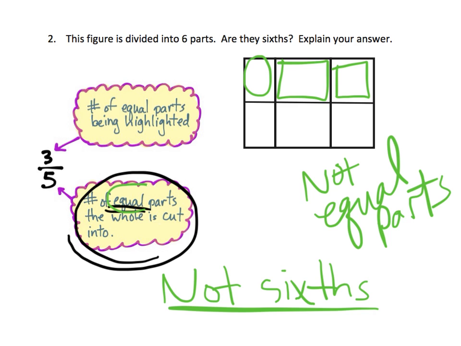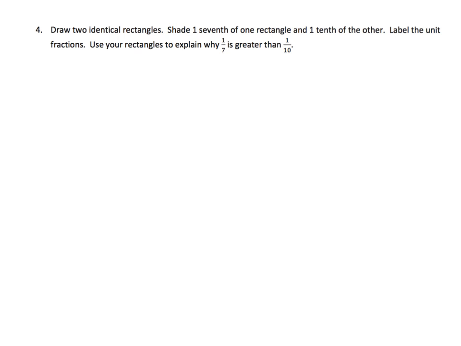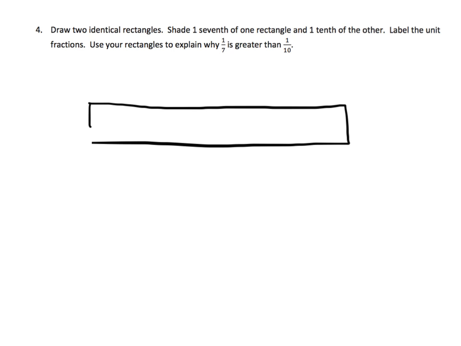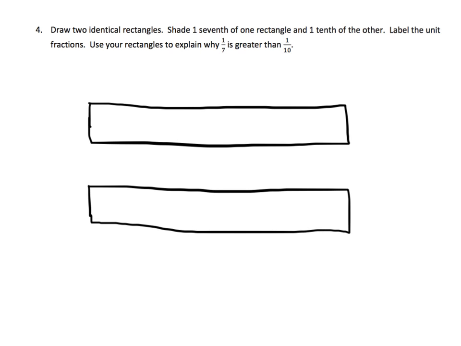because the requirement for a fraction is they have to be equal parts. And the last slide for this video, we're going to draw 2 identical rectangles. Oh my goodness, let's see if I can do that. Okay, so here's one rectangle. And I'm going to try and make this identical. It's pretty close. All right, there. Woohoo! Now the first question says, shade 1/7 of one rectangle.